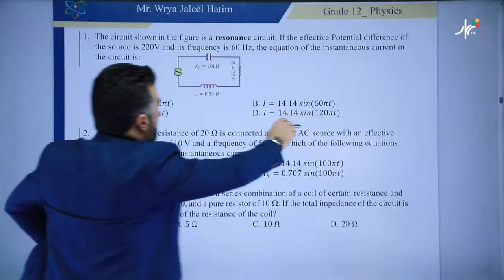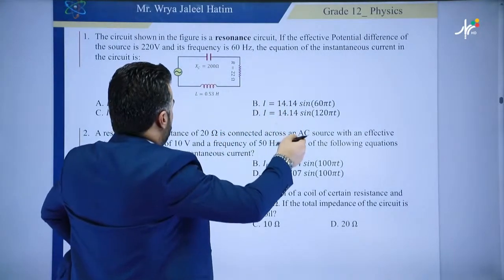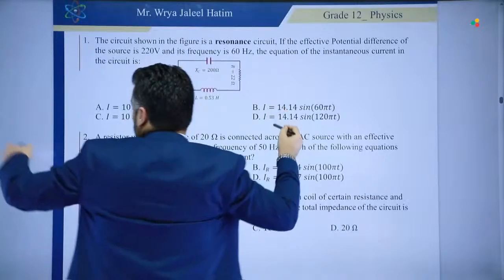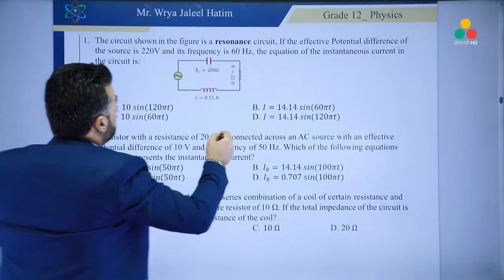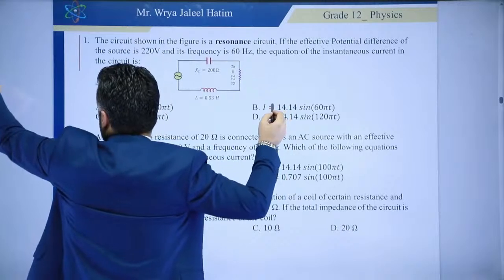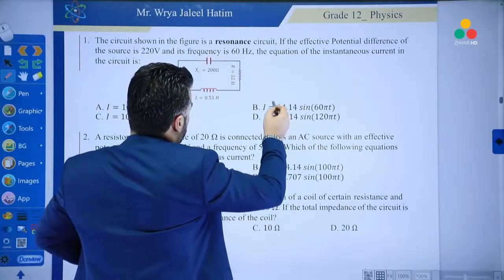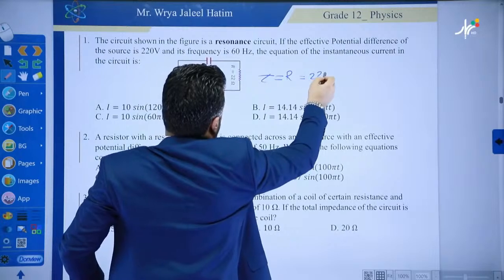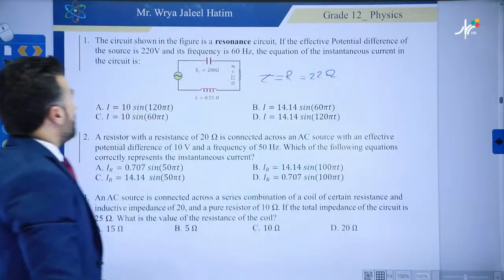In a state of resonance, clearly, you can see that the total impedance Z is equal to R, and of course we can say 22 ohms here. What else do we have?